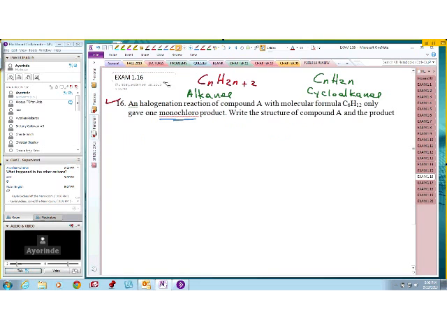Anybody has an idea what would be the name of compound A? In other words, all of the hydrogens in that compound must be chemically equivalent. Anybody has an idea? Cyclohexane, excellent. The molecule is cyclohexane. Right. That is so correct.